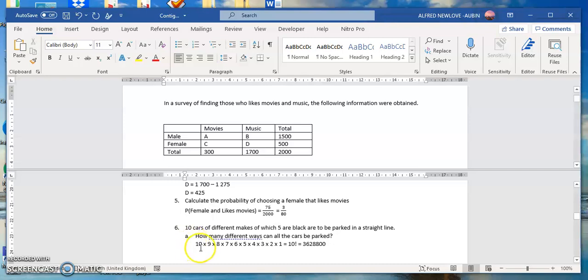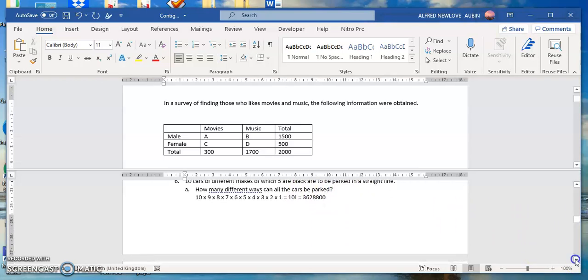So you have 10 ways of filling the first space. It can be car 1, car 2, car 3, up to car 10. Since the first space is used, the second space you have 9 ways. The first and second spaces are used, so the third space you have 8 ways, like that, up to the last space. So instead of writing this, you can write it as 10 factorial. And when you press 10 factorial on your calculator, you are going to get this one.